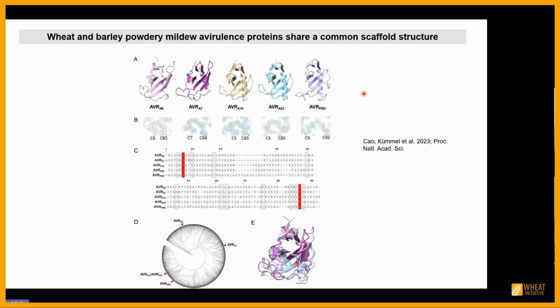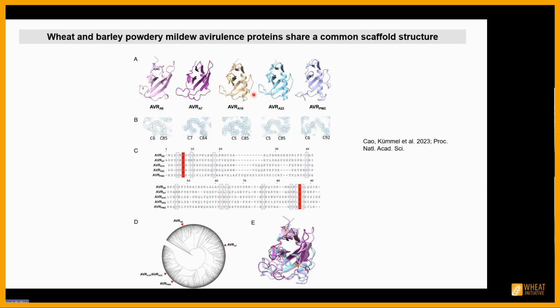We don't know the structure of many AVR genes, but the group of Paul Schulze-Lefert has studied this in a paper last year, and these are actually four avirulence proteins from barley powdery mildew, not from wheat powdery mildew. There's only one from wheat powdery mildew that we contributed. This is AVR PM2.